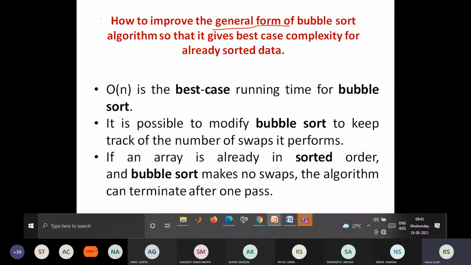Now the question is, when the topic of discussion is algorithm complexity, not only finding the complexity of the given code, we should also be able to have an idea of how to improve that complexity. So how to improve the general form of the bubble sort algorithm so that it gives the best case complexity for already sorted data.